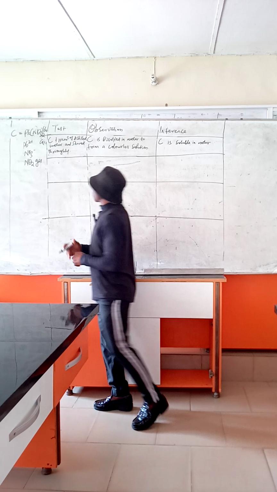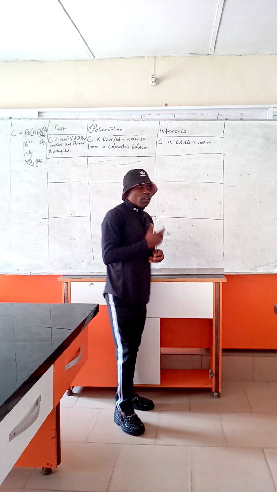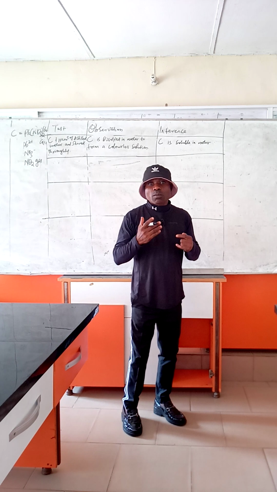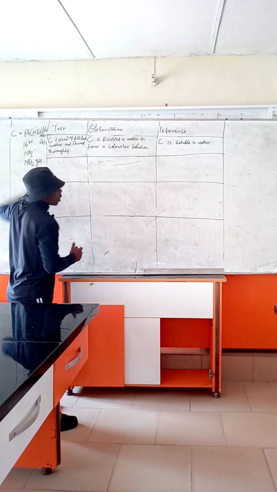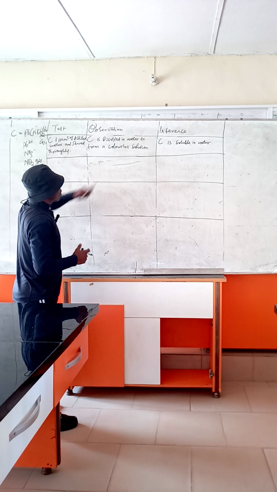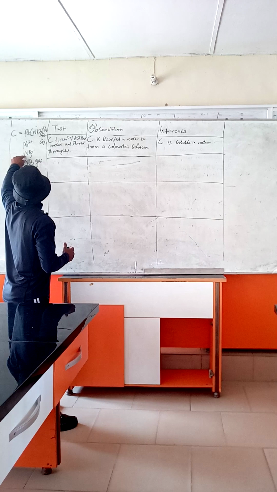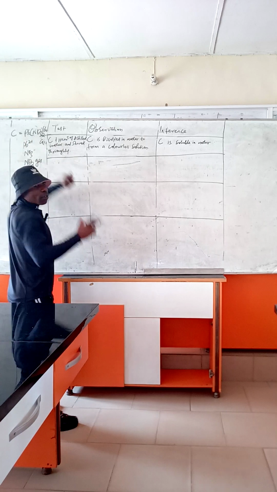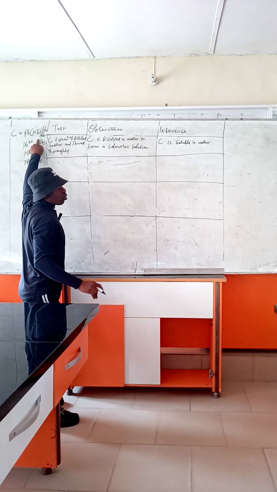Now, it could also be expected to test with litmus, either red litmus and what? Blue litmus. Now, you know that lead 2 trioxonitrate 5 is a salt of strong acid, which is HNO3.